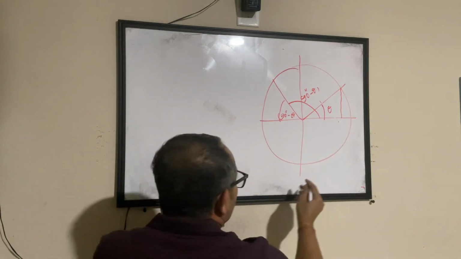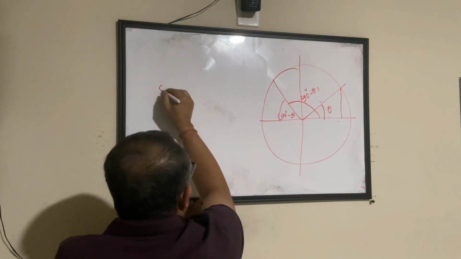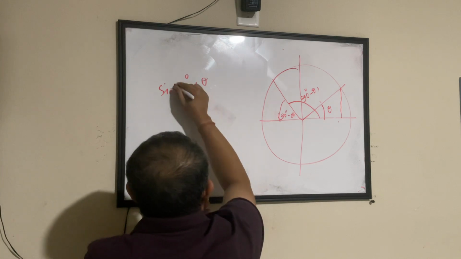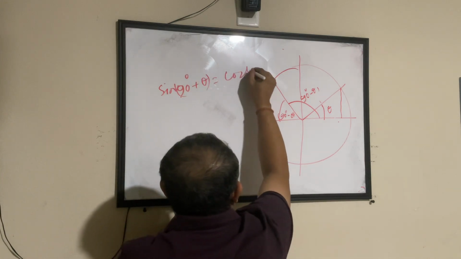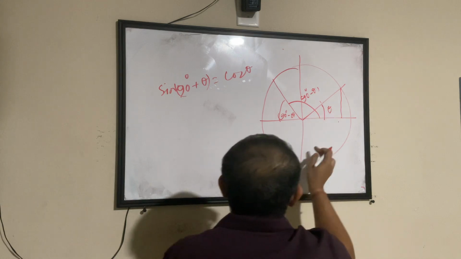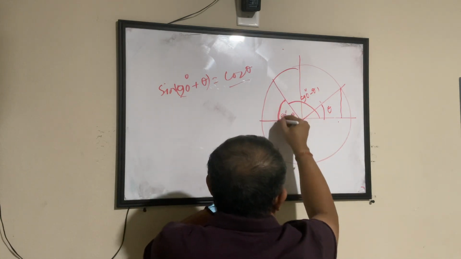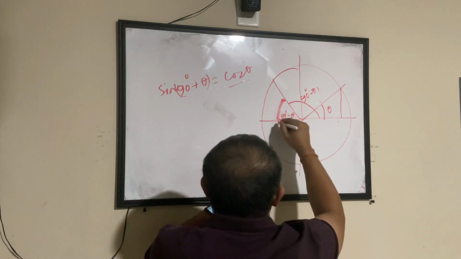From this one, what did we find out? That sine of 90 degrees plus theta equals cos theta. Now, what is cos theta?